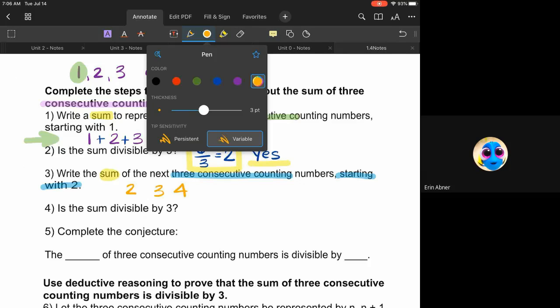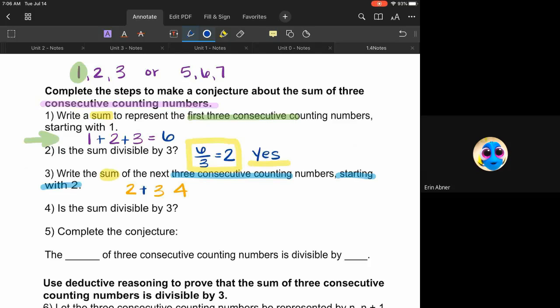And we are adding again. So let's go in here and add. Well, 2 plus 3, because we're going left to right, rules of addition, is going to be 5. Then 5 plus 4 is definitely going to be 9. Okay, so now that I have my answer to that part, that answers the first question.